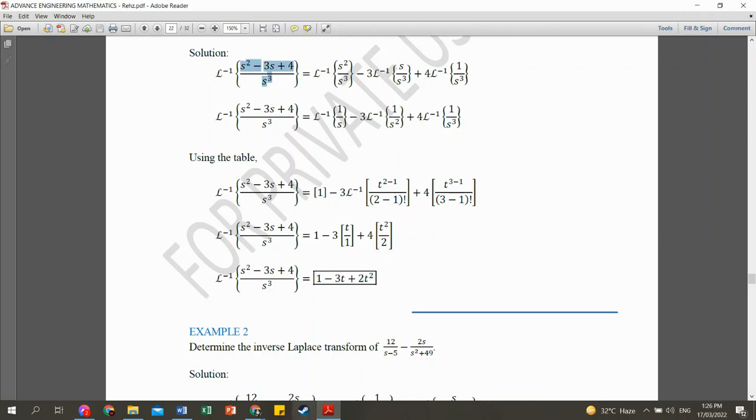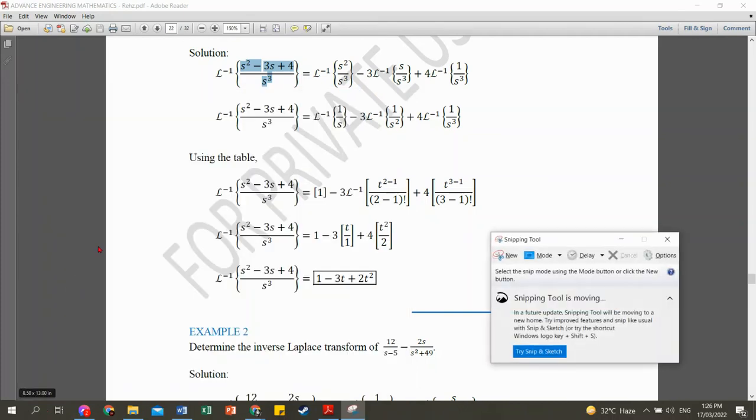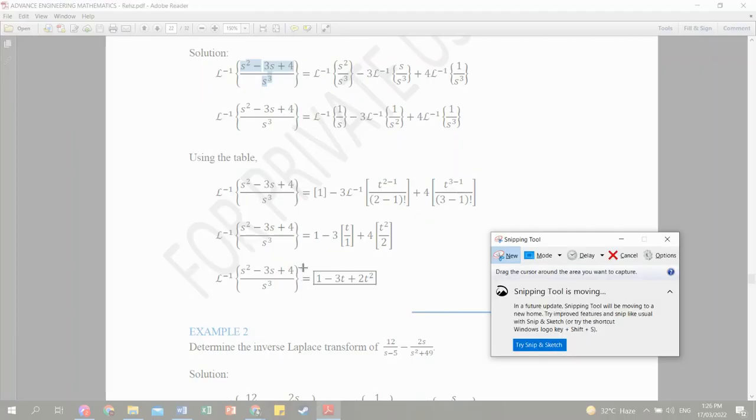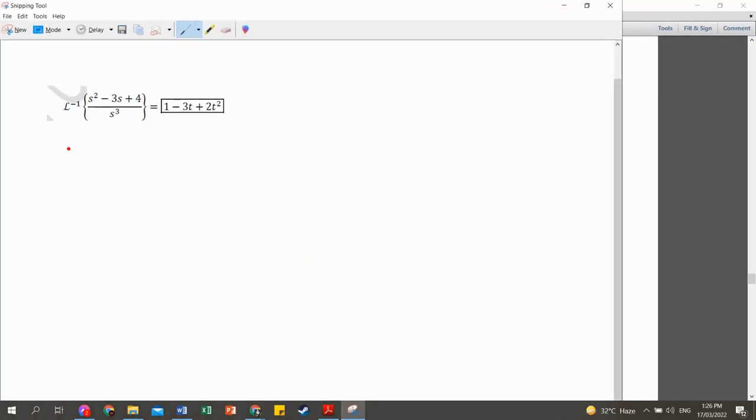So, let's check so you can see. We Laplace transform the right side of the equation. We have the Laplace transform of 1 minus 3t plus 2t squared. Let's check if the result is the same as here.